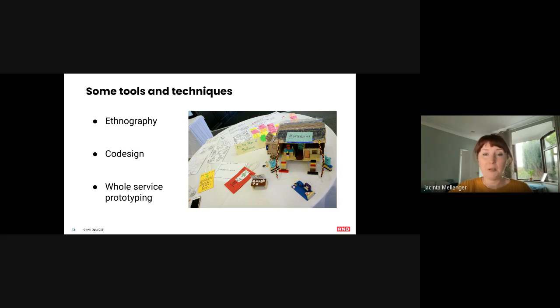And it also involves some kind of value exchange, so people are recognised for their time and their contributions in some way, whether this be financially or otherwise.